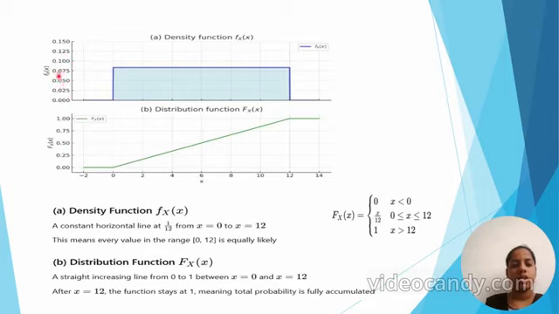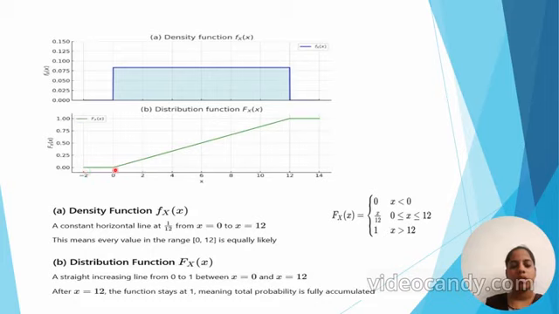This is capital F_X of x, and this is the density function f_X of x, a constant line at 1 by 12 from x equal to 0 to 12. This is f_X of x, the probability density function, and this is the probability distribution function.